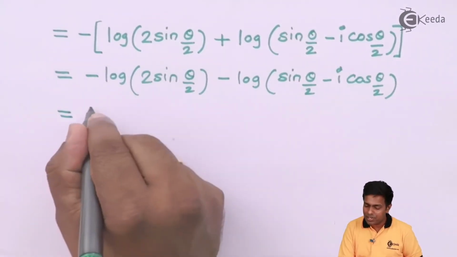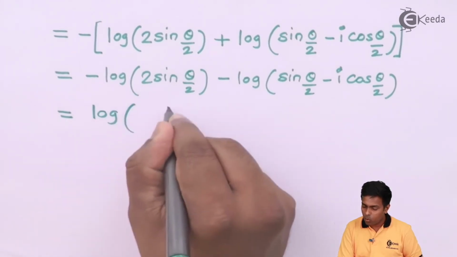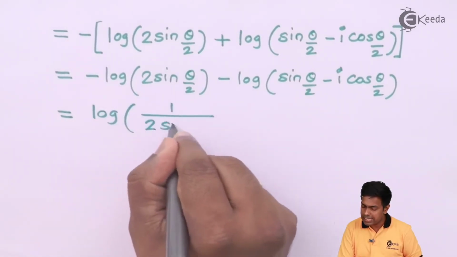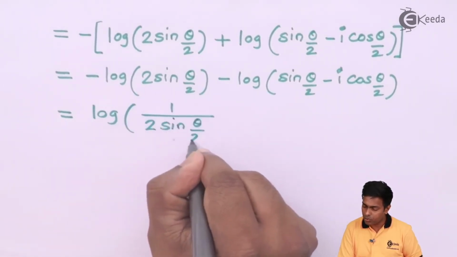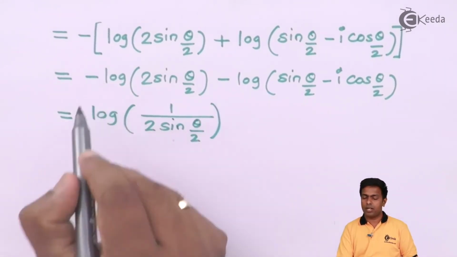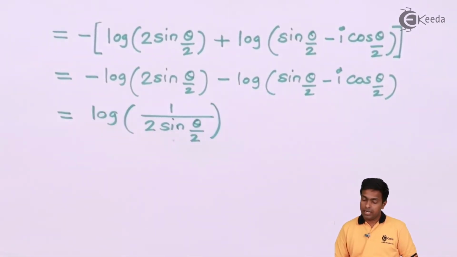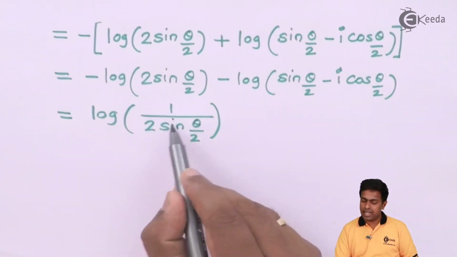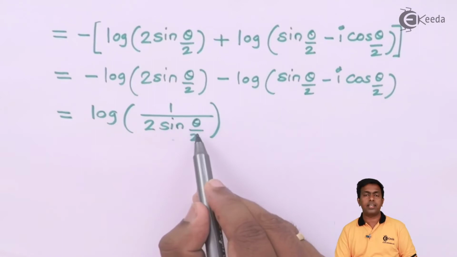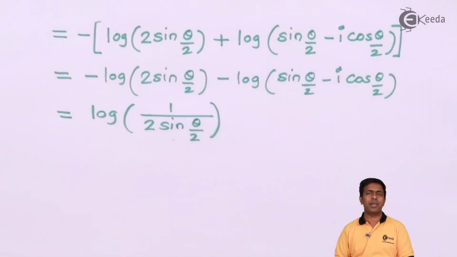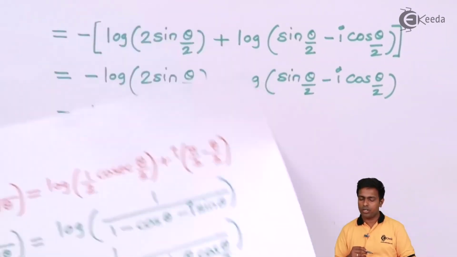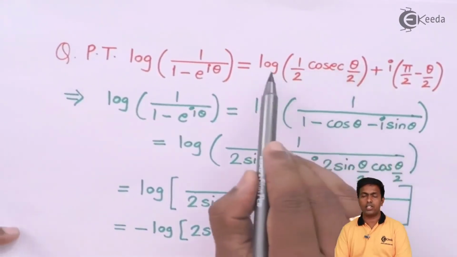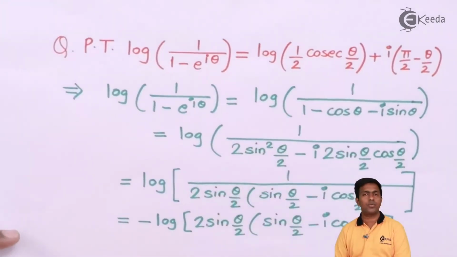So that becomes log of 1 upon 2 sin theta by 2, so this will become positive. Next, this 1 by 2 will remain as it is, and 1 upon sin theta by 2 will give us cosec theta by 2, and here we got the first term, that is log of half cosec theta by 2.